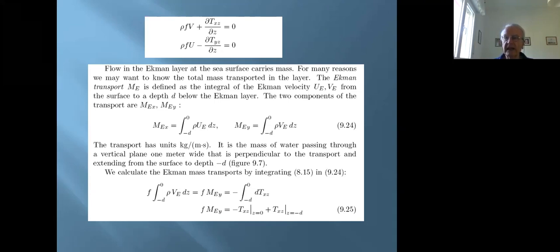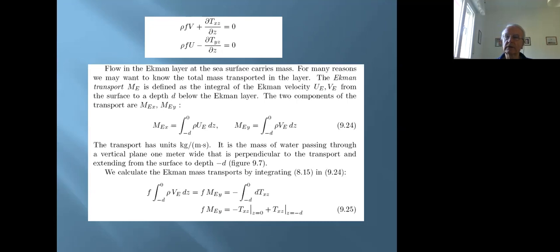So we integrate the Ekman solution from the surface to minus D, where D is the depth of the Ekman layer. We will see later on how we get this Ekman layer depth.